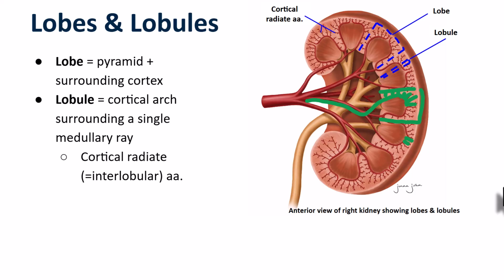And I mention that because cortical radiate arteries are also known as interlobular arteries. So you'll hear these in both ways. The anatomical way is cortical radiate because they radiate out into the cortex, but you also hear this predominantly from histologists, but others as interlobular because it's a reference to those lobules.